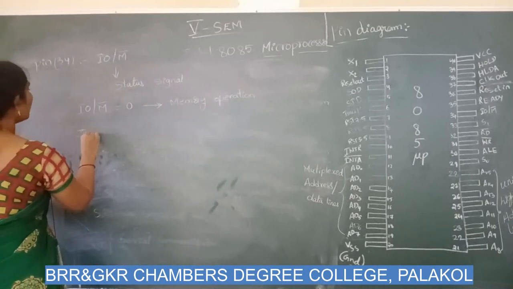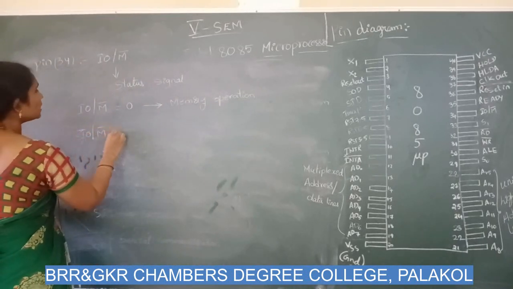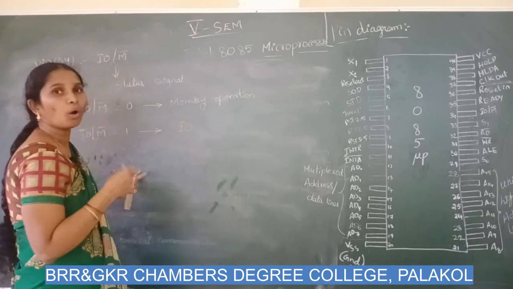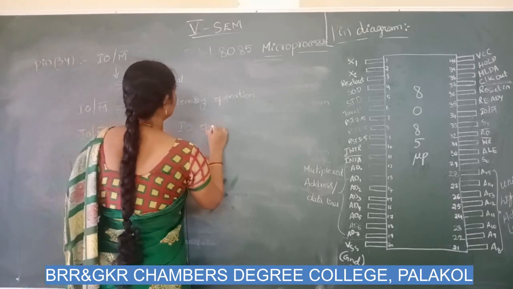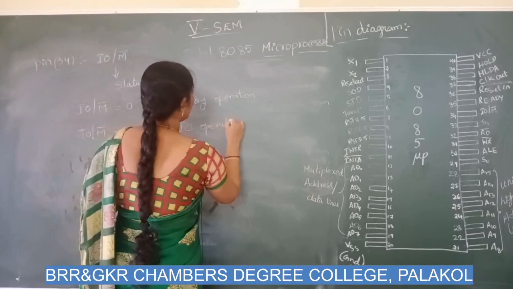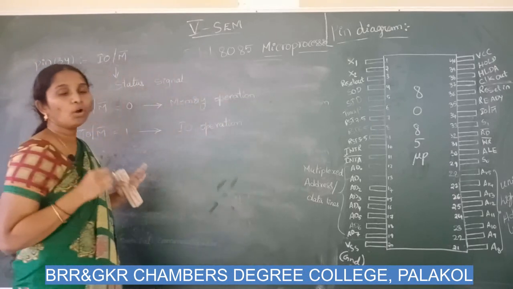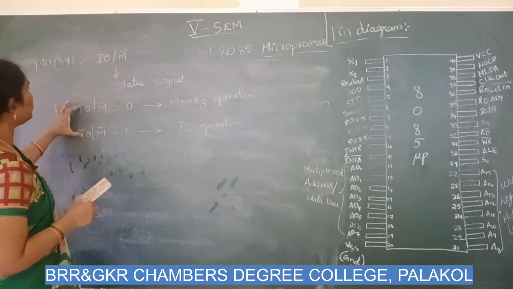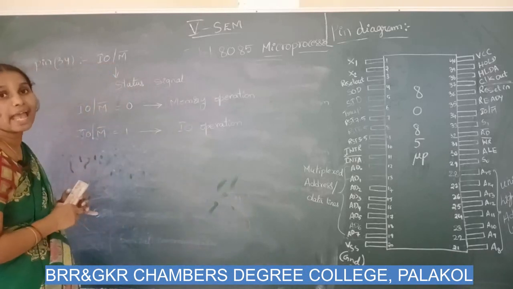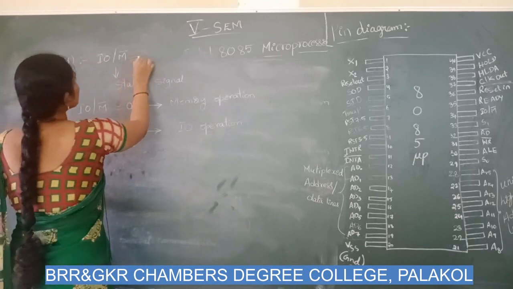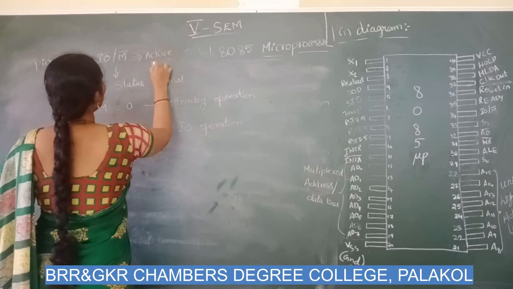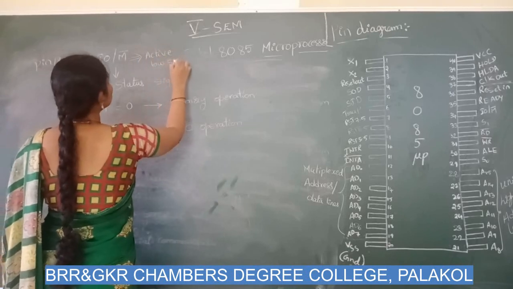If IO by M bar is equal to 1, it will perform the IO operation. This signal is also an active low signal.